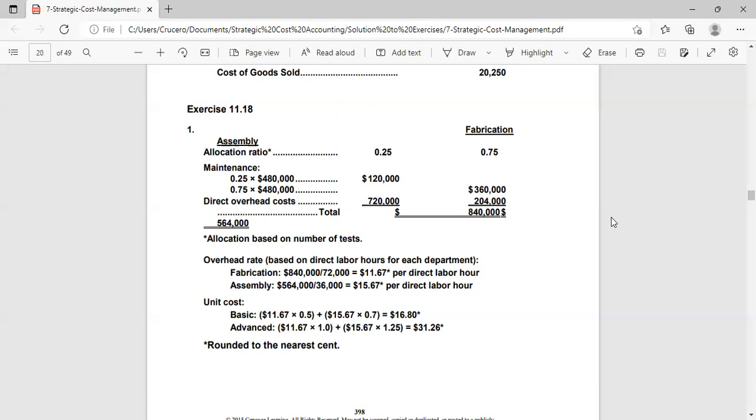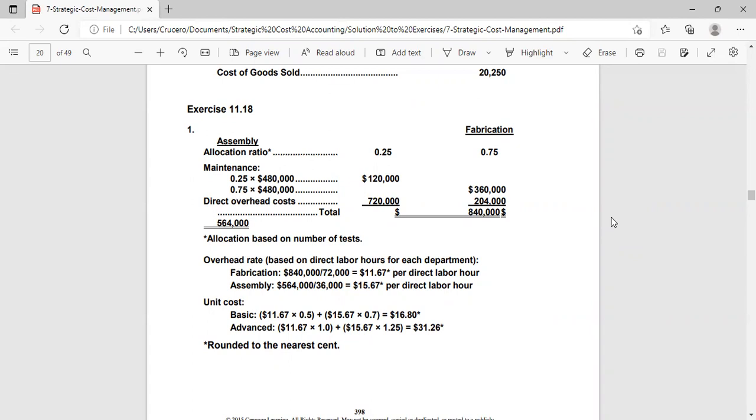So the unit cost in basic is 11.67 multiplied by 0.5 hour, and that's the amount plus 15.67 times 0.7. In the assembly department, the basic model requires 0.7 hour of direct labor. The advanced model requires 1.25 hours.